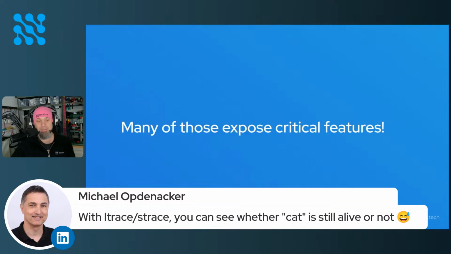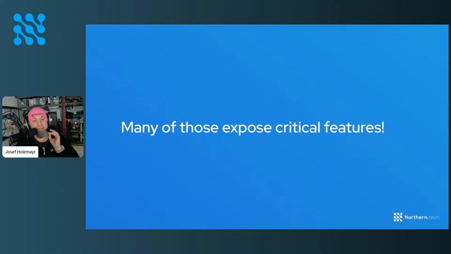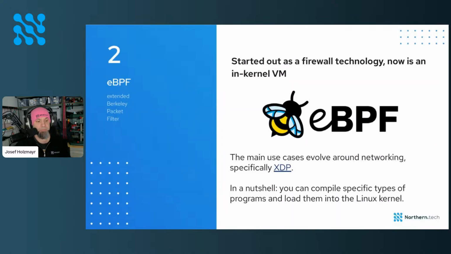So the key point is that many of those system calls expose system critical features. If you are allowed to get into the syscall and do something weird, then you are probably quickly able to compromise the full system, which is obviously not what we want.